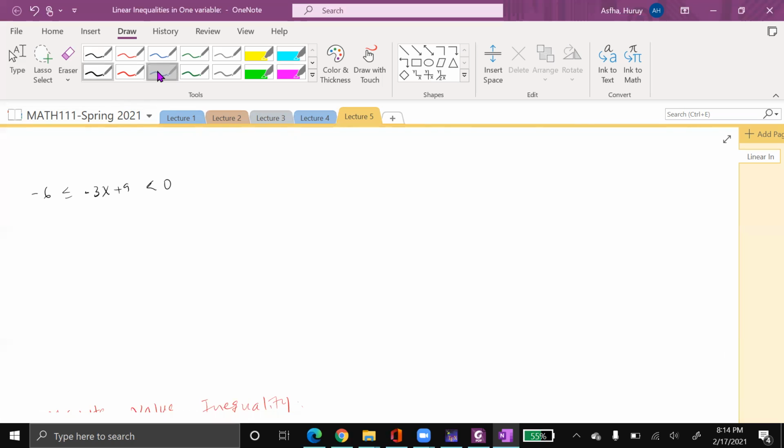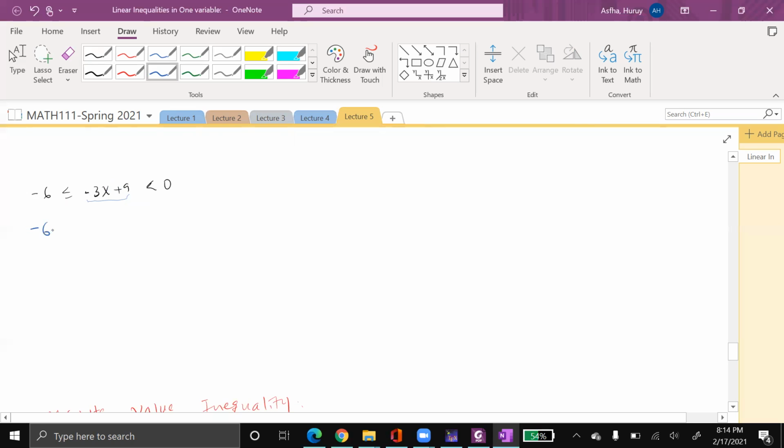So for example, the first thing that I need to do is get rid of this 9, right? If we didn't have this last inequality and the 0, we would subtract 9 from both sides so that we get rid of this number 9, right? And we do the same thing now.